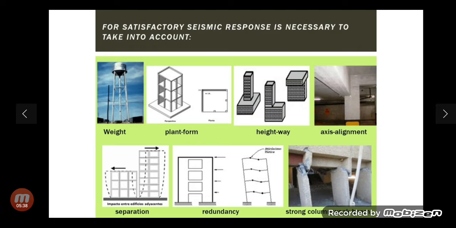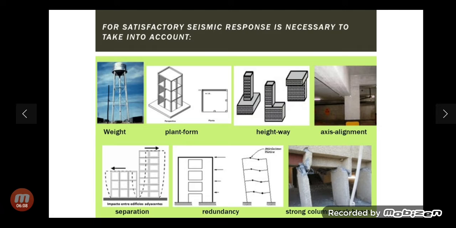So first of all, the weight of the building is the most important thing we have to consider in seismic response. Then plan form, height of the structure, then the axis, that is, whether there is an axis of symmetry or it is unsymmetrical, which is the major axis and which is the minor axis, is to be considered.